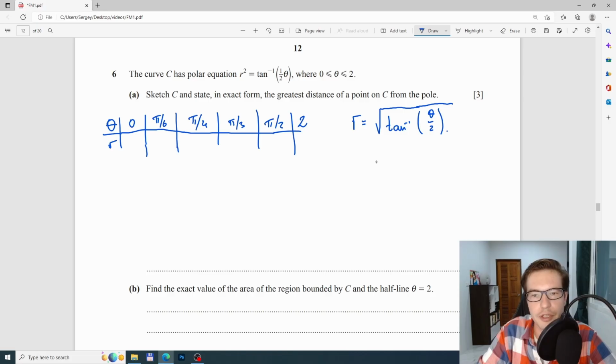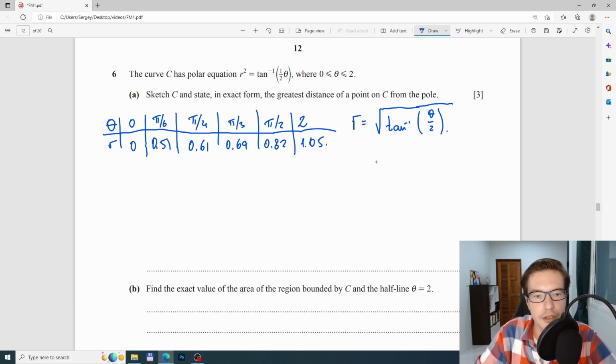And then I will put that into the formula for r. Don't forget to take the square root. Got 0 and 0.51, 0.61, 0.69, nice, 0.82, and finally 1.05.